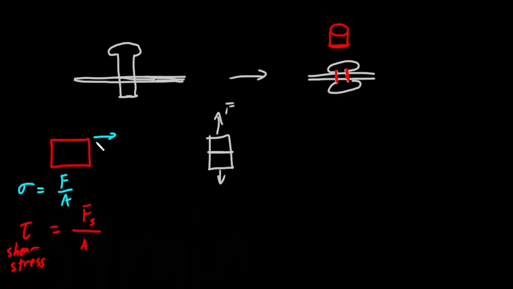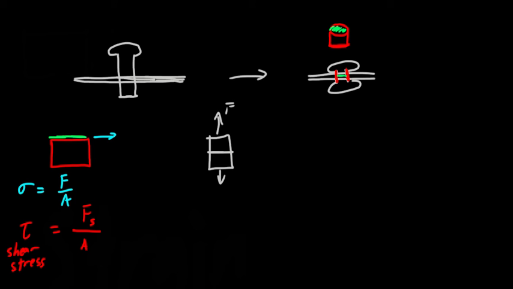But the way that we're taking the area is that it's the area of the circle, so the top area. That's the area that's being cut off here. Just to make this clear, that's the shear stress experienced.